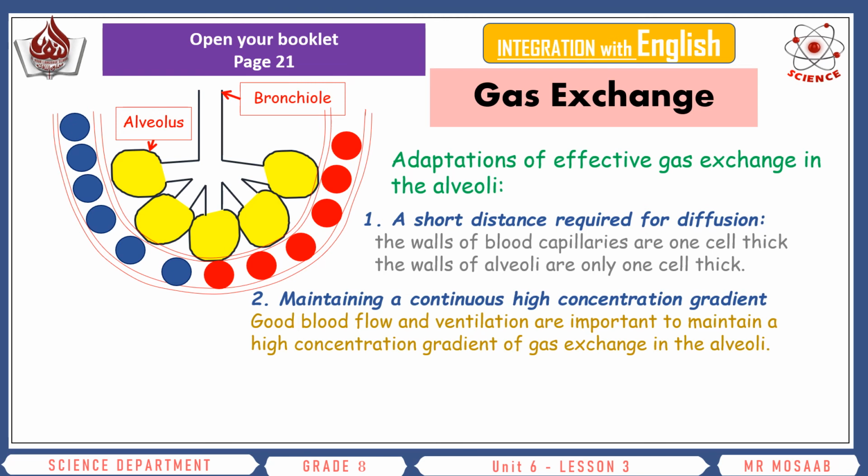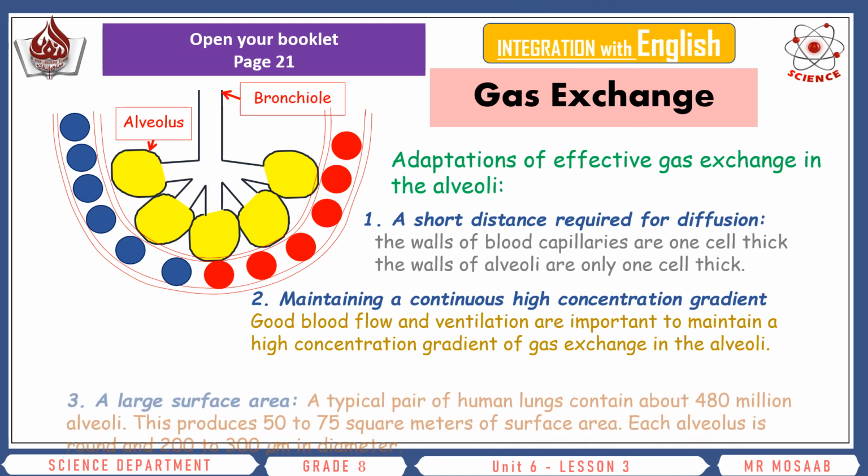So we don't want this to happen. So what should we do? Maintain a continuous high concentration gradient. How? By good ventilation, inhalation and exhalation. Good ventilation means air in and air out.